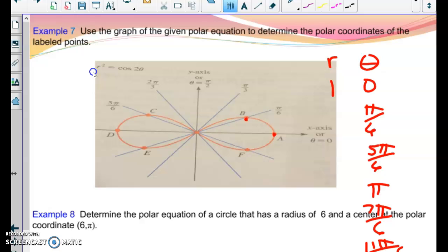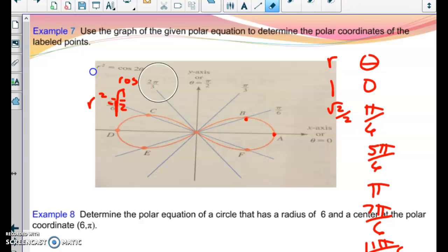If I'm finding the pi over 6, 2 times pi over 6 would be 2 pi over 6, or pi over 3, and the cosine at pi over 3 is equal to, cosine is the x value, that'd be equal to a half. And so r squared is equal to half. Square root of that, I get the square root of 2 over 2 for that one.